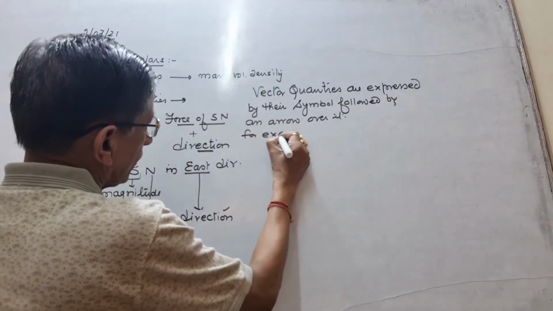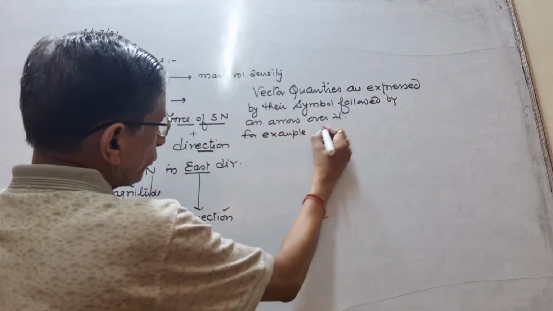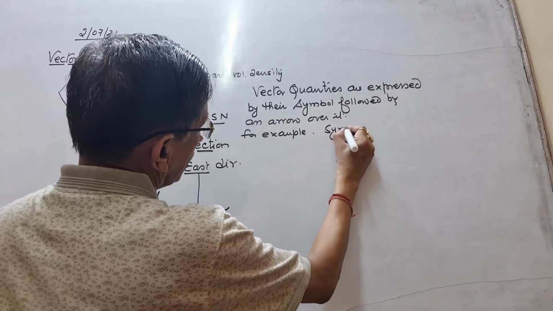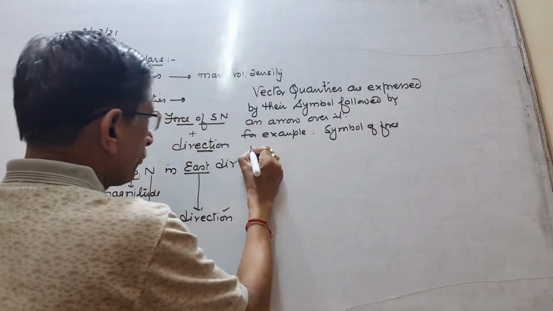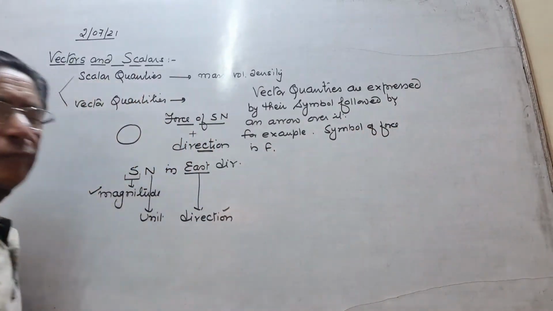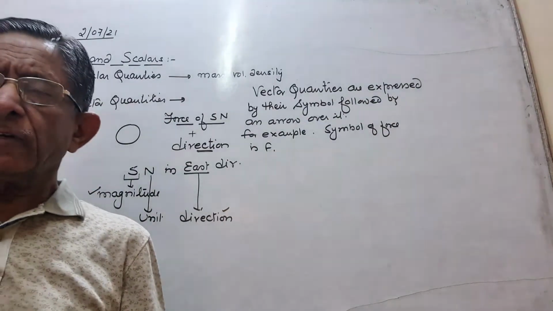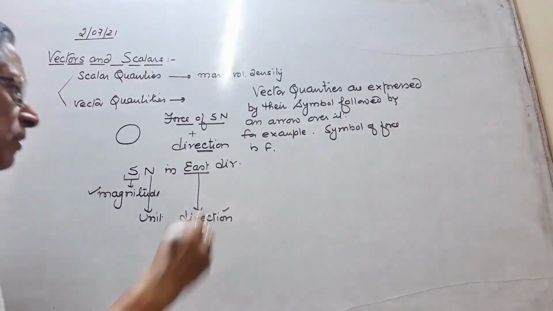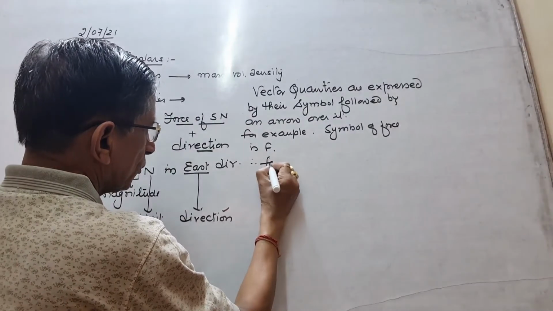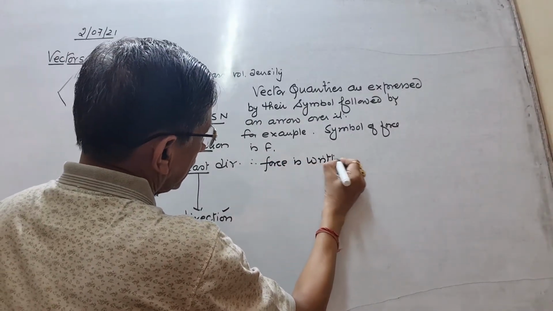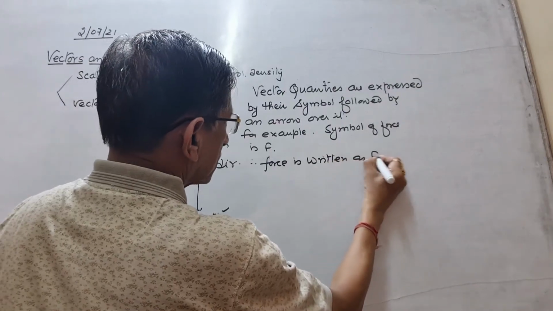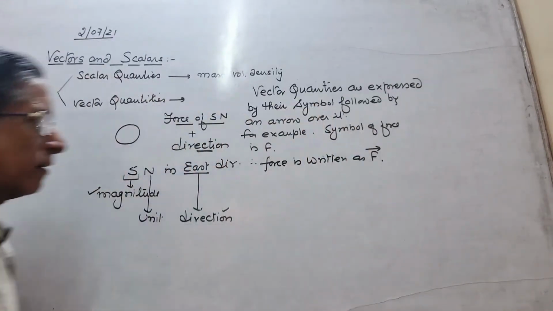For example, my dear students, the symbol of force is F. Therefore, force is written as F vector.